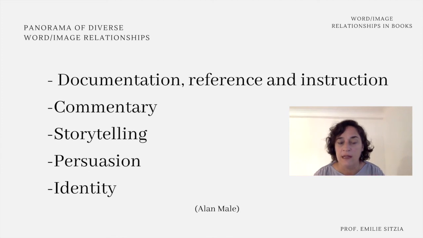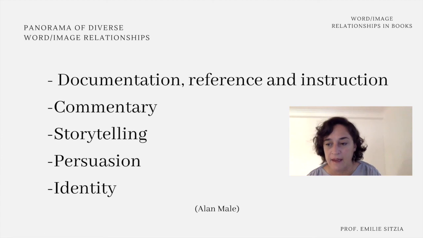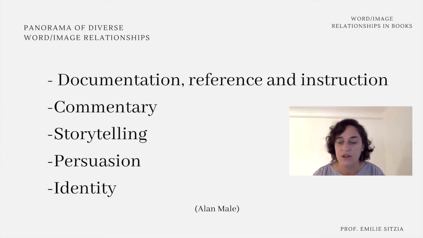The second one is one of commentary. And when he's developing this, he's really talking about politics, current affairs, etc. So something that has more to do with engaging with political life and current life. Then the third relationship that he identifies is one of storytelling, where the image, and I think he's mostly thinking about early readers here and picture books, where the images are here to affirm the fiction or anchor the narration.